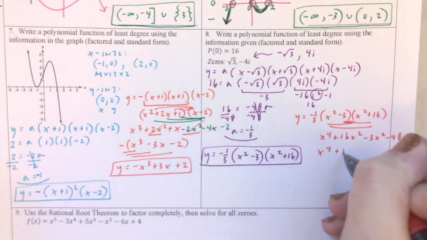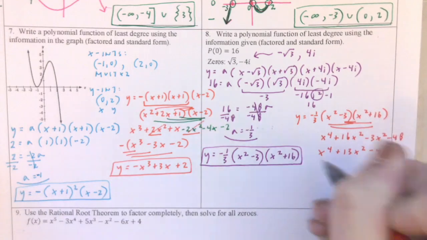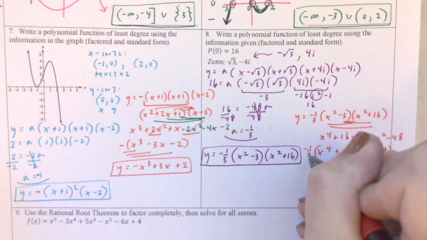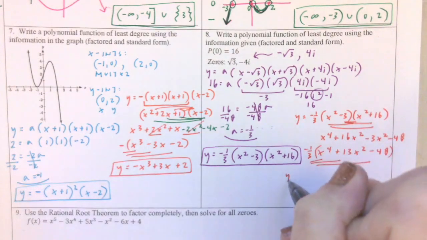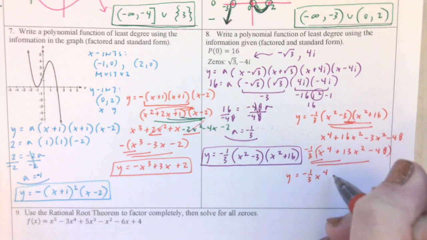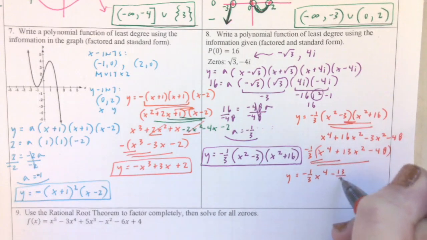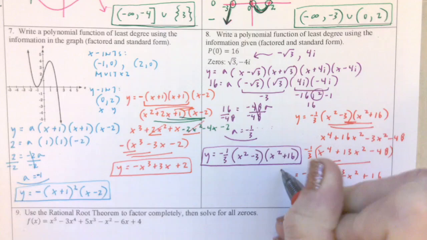So x to the 4th plus 13x squared minus 48. And then distribute that negative 1/3. So y equals negative 1/3 x to the 4th minus 13 over 3 x squared plus 16.